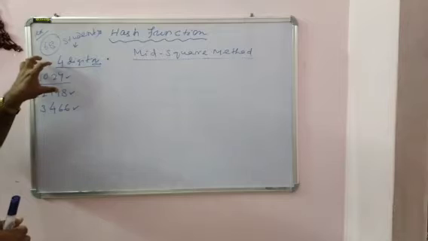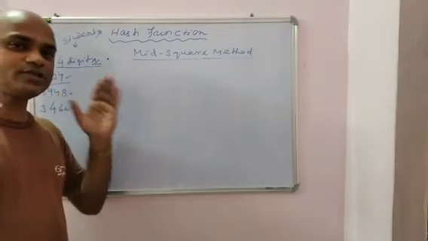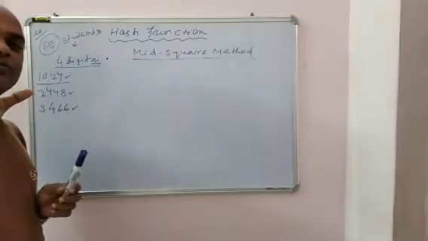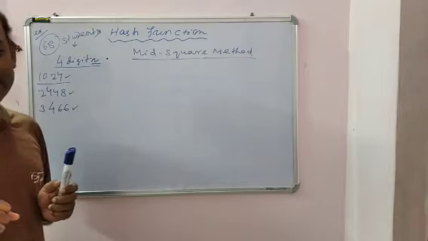From a number we have to find the square, and from each side we eliminate digits, and the particular position value left will be accepted as the hash address.